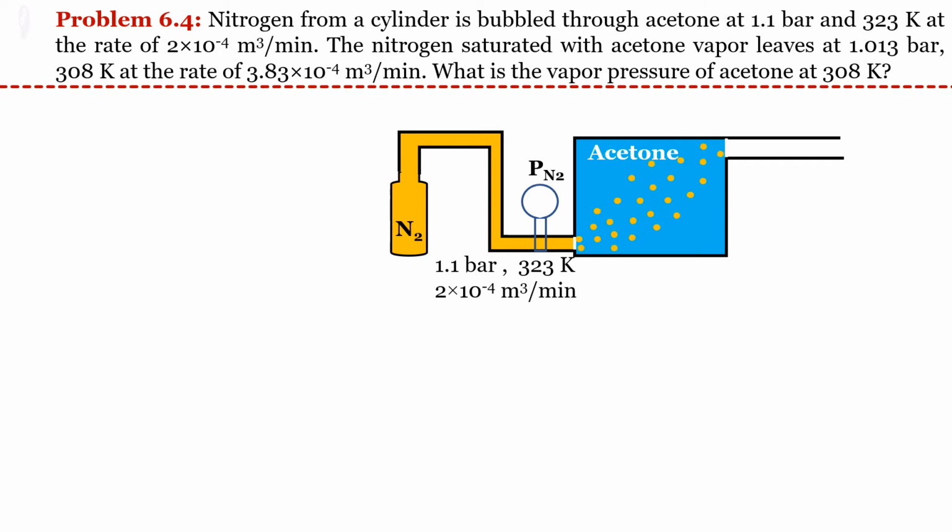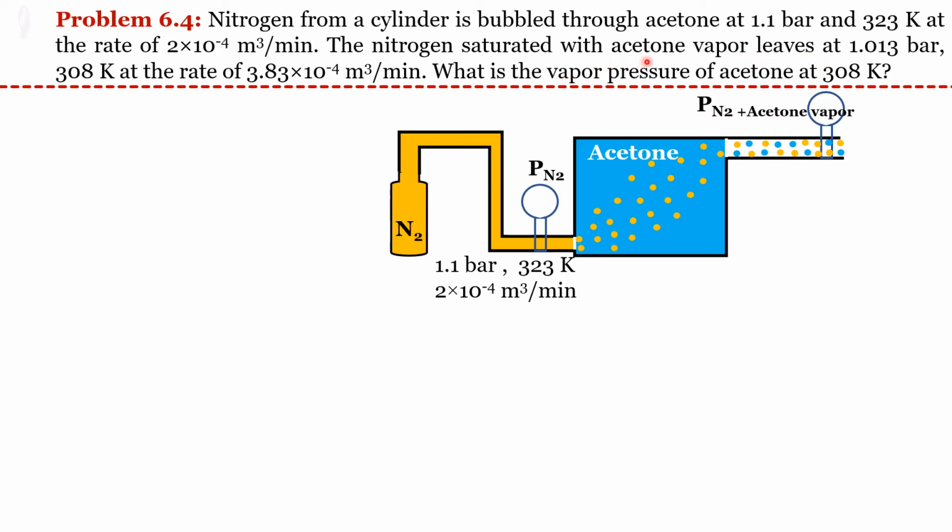Now suppose it is bubbled through the acetone, and it comes out with the acetone vapors. Further, if we measure the pressure, this pressure will be due to nitrogen as well as acetone vapor. So here this P total will be due to nitrogen as well as acetone vapor. That is also given.